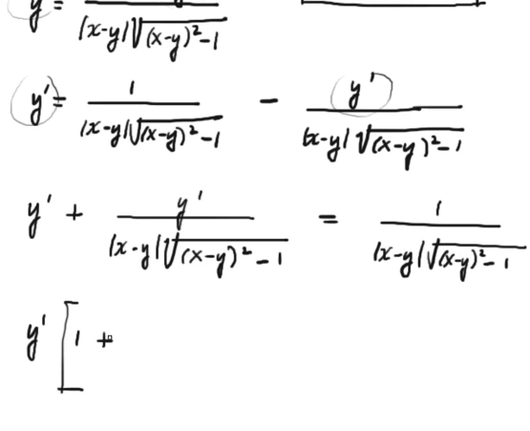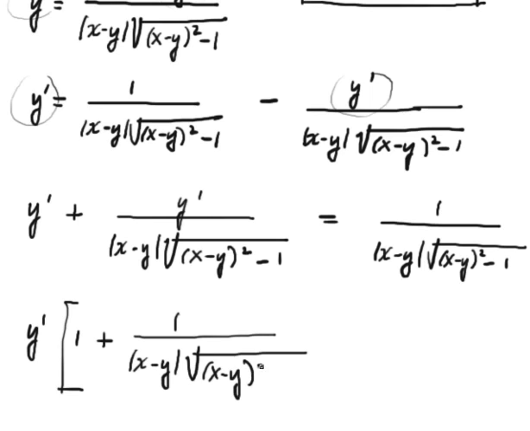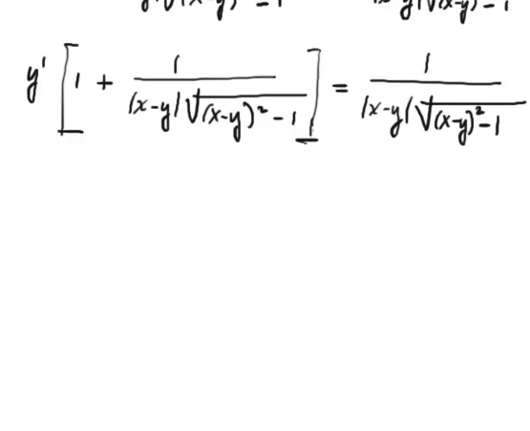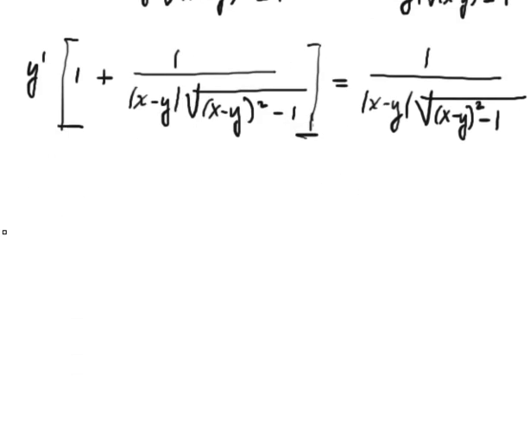So here we have 1 plus 1 over absolute value x minus y times that square root. And just copy over the right hand side. Okay, now just divide by the brackets on both sides, and that will solve for y prime.